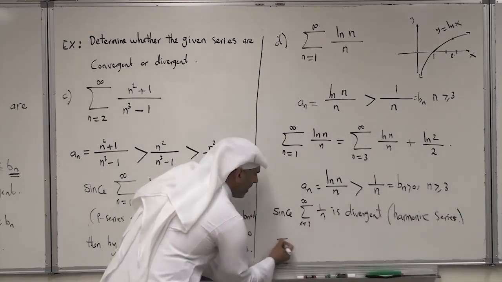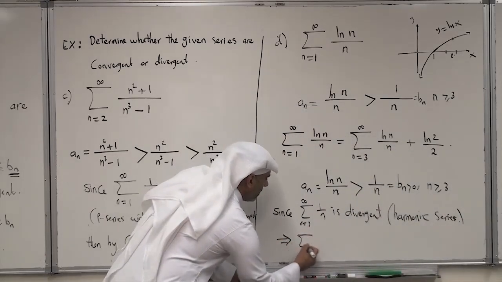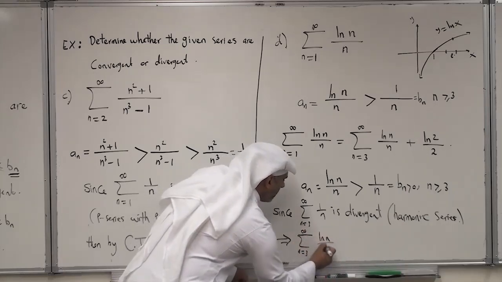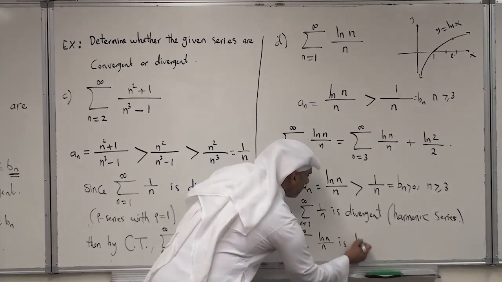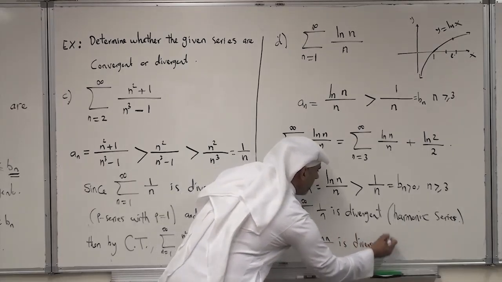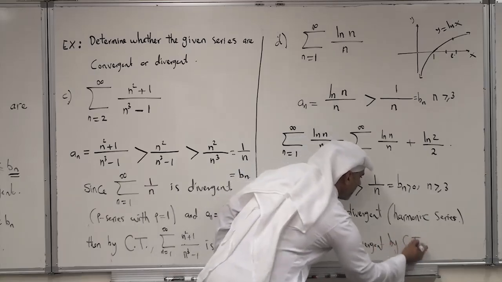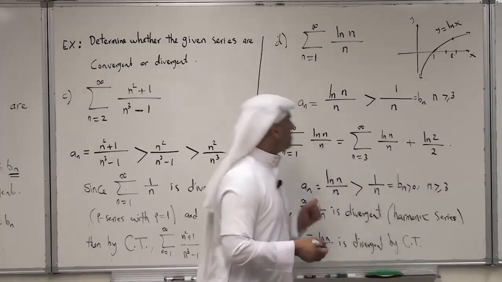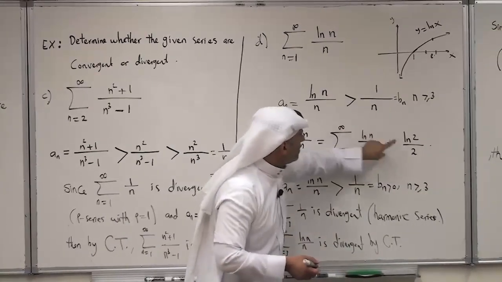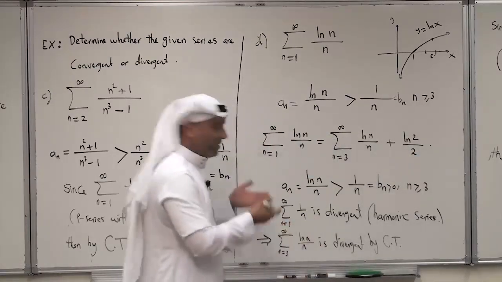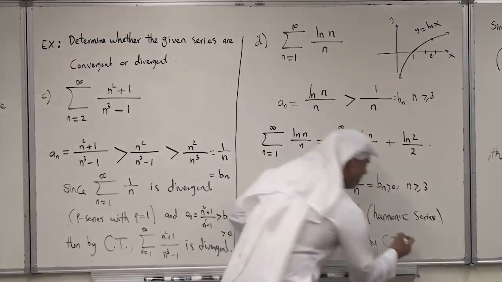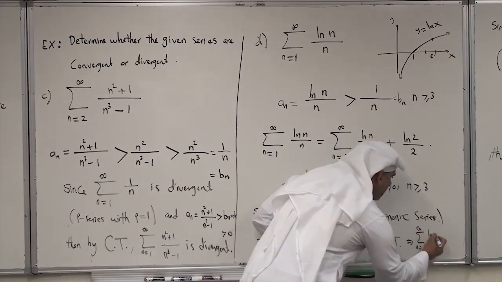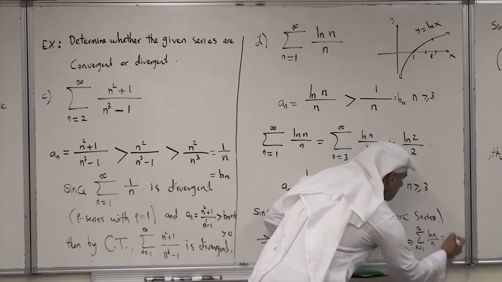So this implies the series we have, n equal to 3 up to infinity of ln of n over n, is also divergent by the comparison test. And since this is divergent, and the full series is the summation of this and the two terms, a divergent series plus a constant is divergent. This implies the summation from n equal to 1 up to infinity of ln of n over n is divergent.